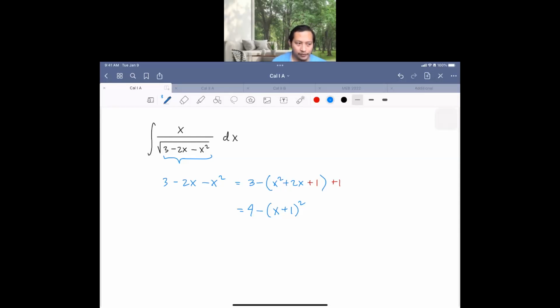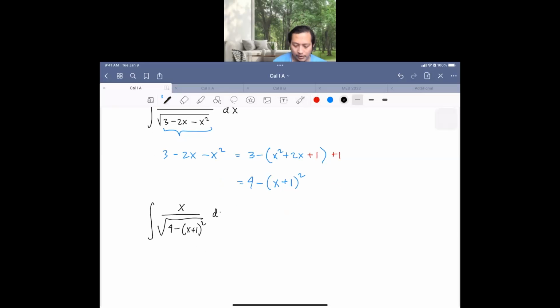Okay, now if we have this, we can write it in terms of 4 minus x plus 1 squared. And then for our substitution, for the trigonometric substitution, we can treat this x plus 1 squared as our trigonometric substitution. So let's say we take x plus 1 as u. Okay, so du is dx, and x is u minus 1.